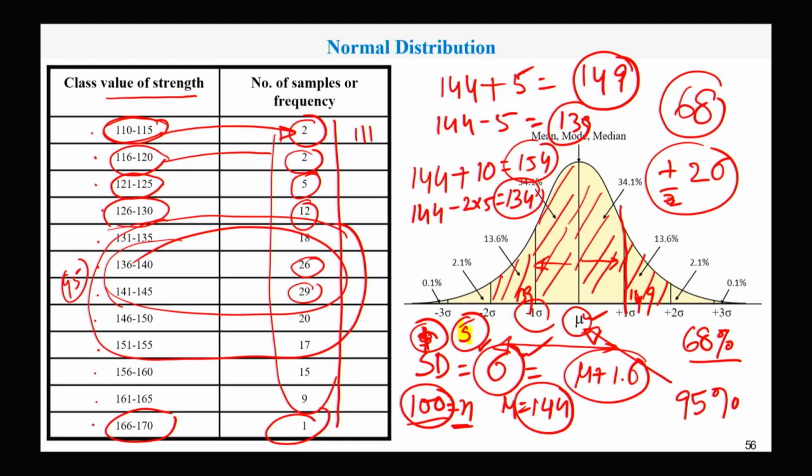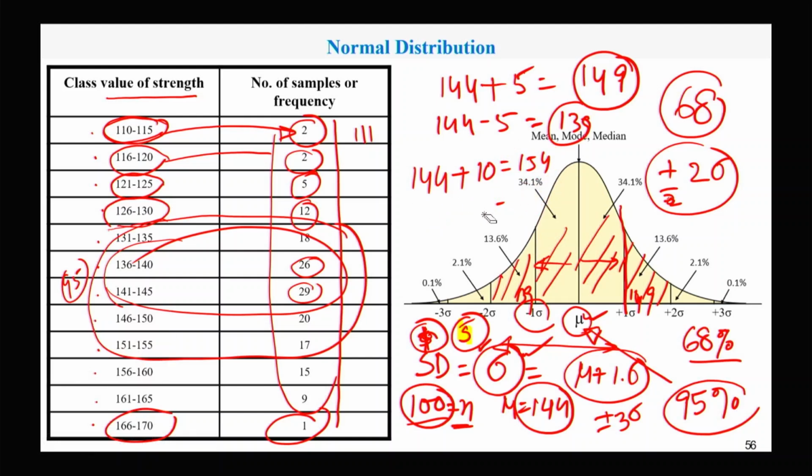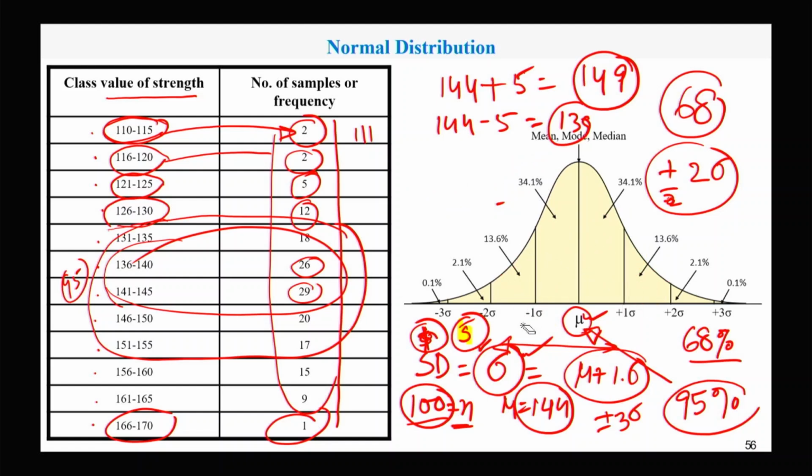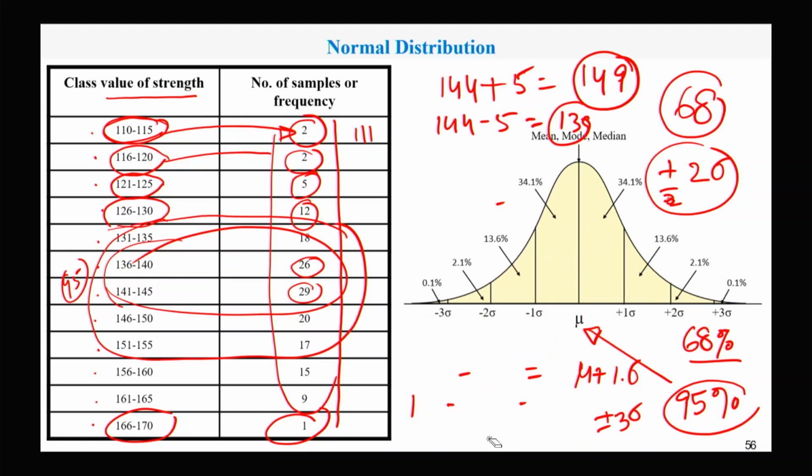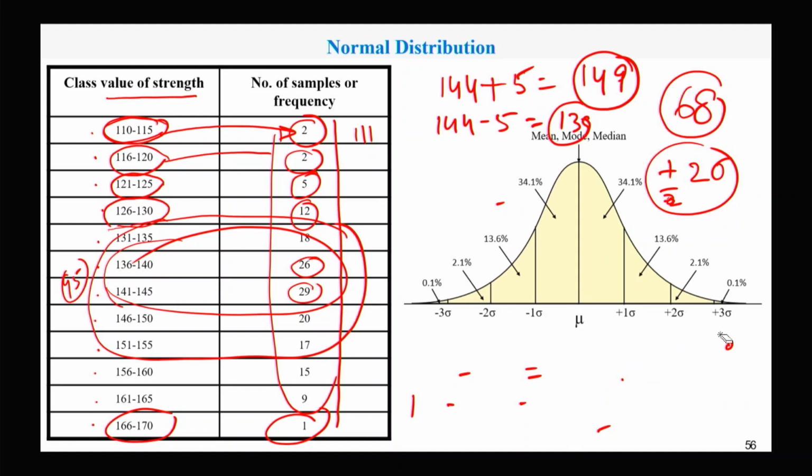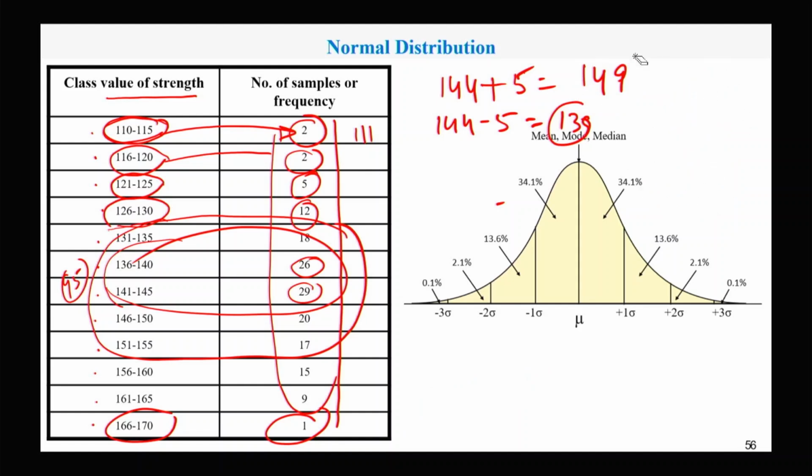Similarly, at plus minus 3 sigma level we will get approximately all 100 data. So 95% of data are within plus minus 2 sigma limit, out of say 100 data.